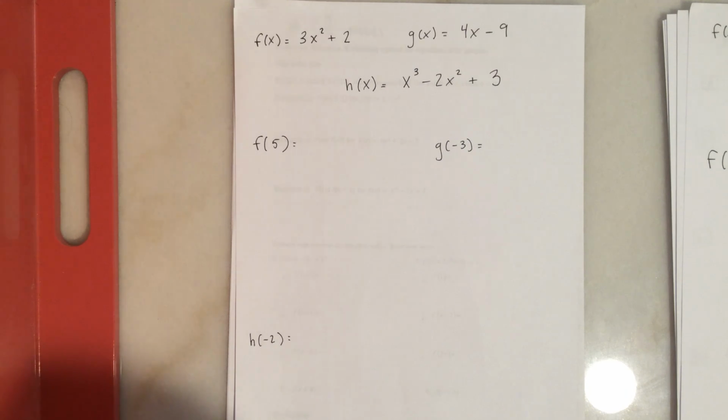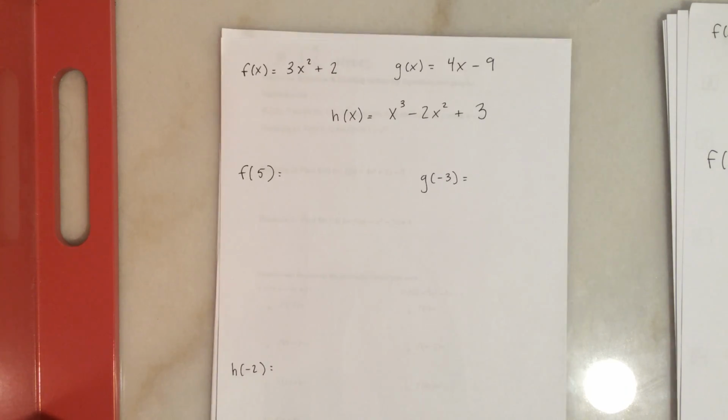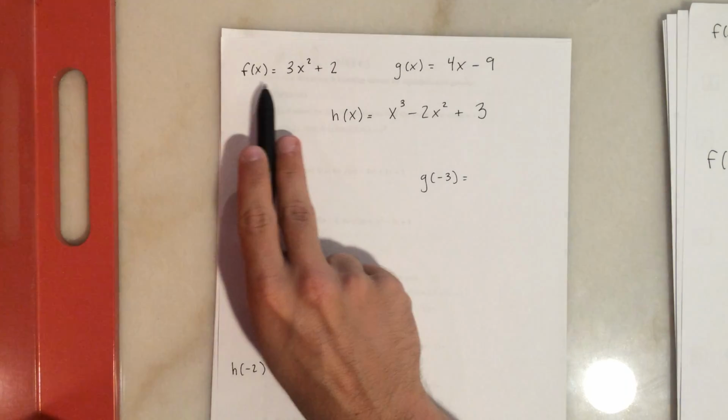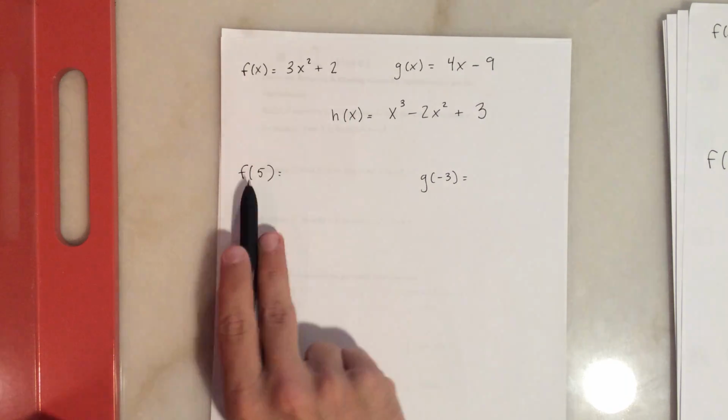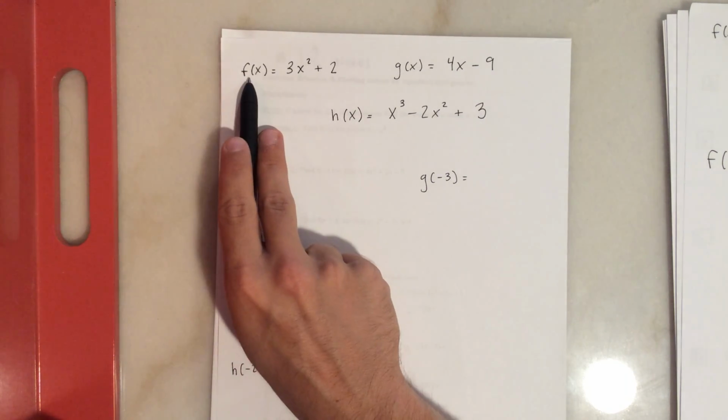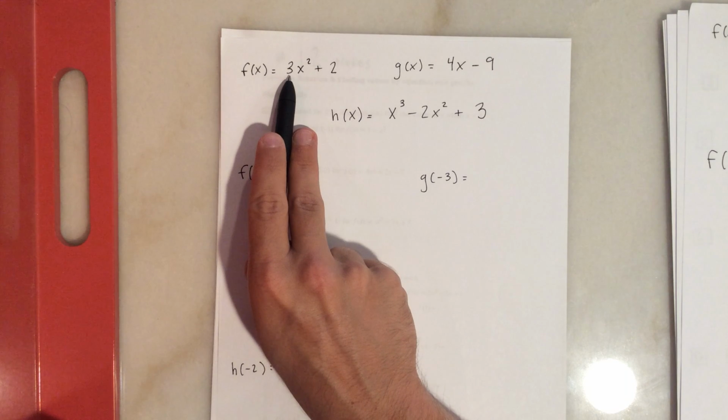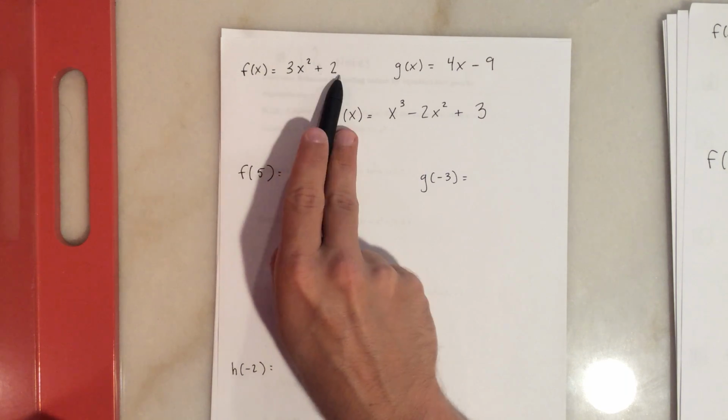That's usually a good idea for most of the examples we're going to do, is maybe try it first on your own just to see if you even remember from Algebra 2, and that way you can kind of speed up this note-taking process. So f of 5, we are asked, what is the value of this function when x is 5? So normally, f of whatever the value is 3 times that value squared plus 2.